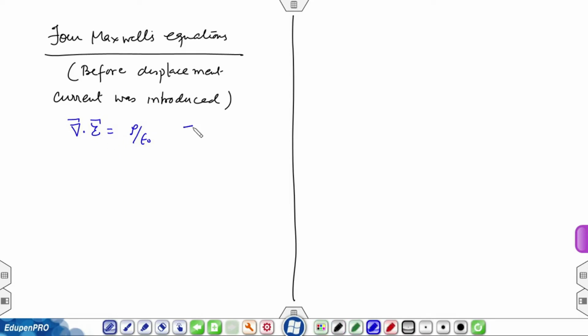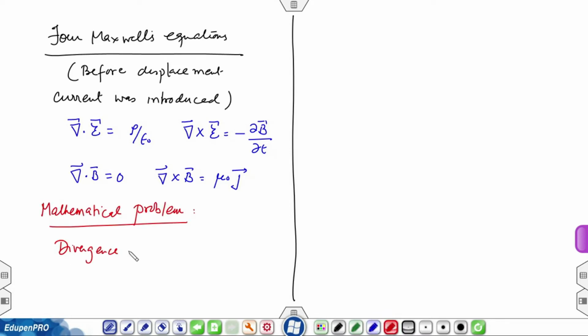Then curl of E is minus dB by dt, divergence of B is 0, and curl of B is mu 0 j. This is all fine, except now there is a mathematical problem. The divergence of curl is identically 0 for all vector fields. Now, let us look at this equation.